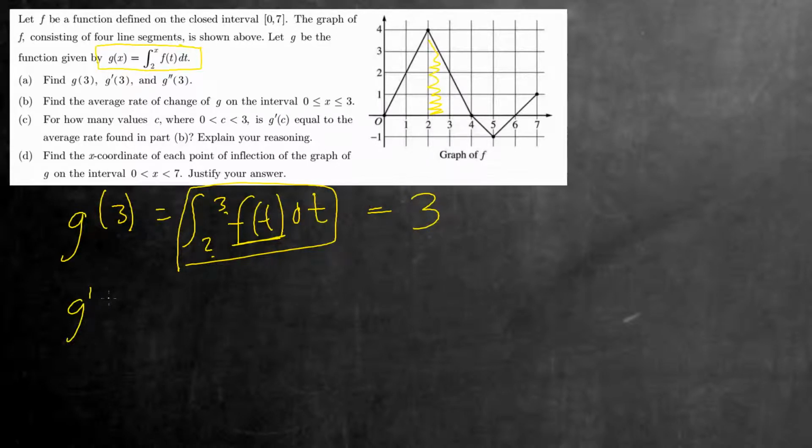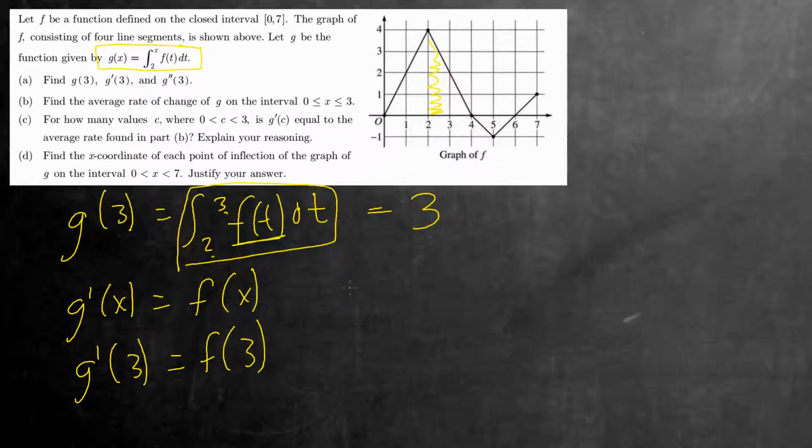G prime of x from the fundamental theorem of calculus is going to be f of x. So g prime of 3 is just going to be f of 3. F of 3 is 2.